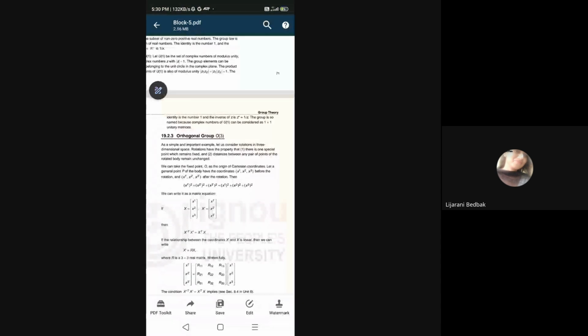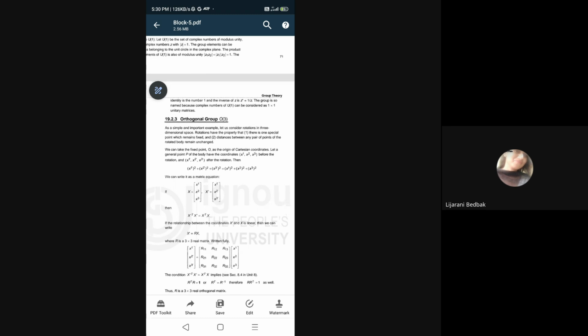So you can write x1'^2 + x2'^2 + x3'^2 = x1^2 + x2^2 + x3^2. You can write it as a matrix equation where x is a matrix comprising x1, x2 and x3, and x' comprises the elements in matrix form x1', x2', x3'.